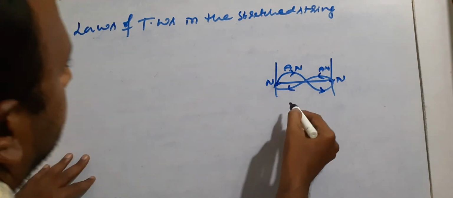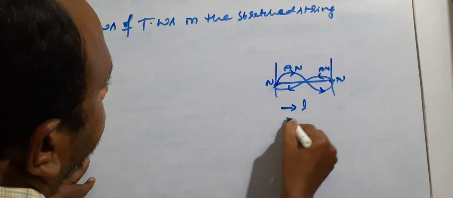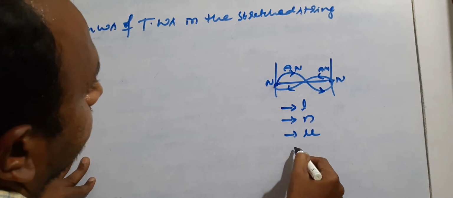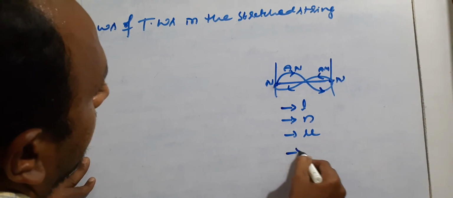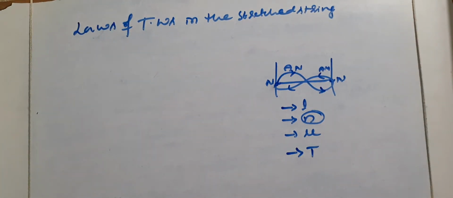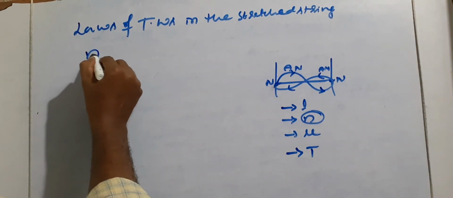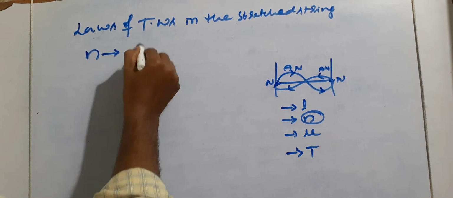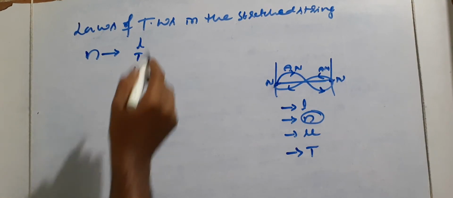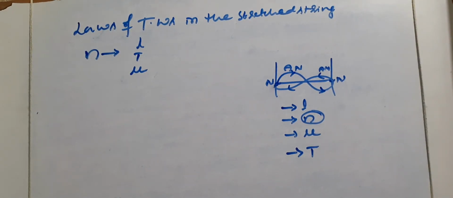The length of the string is L, frequency is N, linear density of the string is mu, and tension is T. So the laws of transverse waves in the stretched string explain the relation of fundamental frequency N with the length of the string, tension in the string, and linear density of the string.